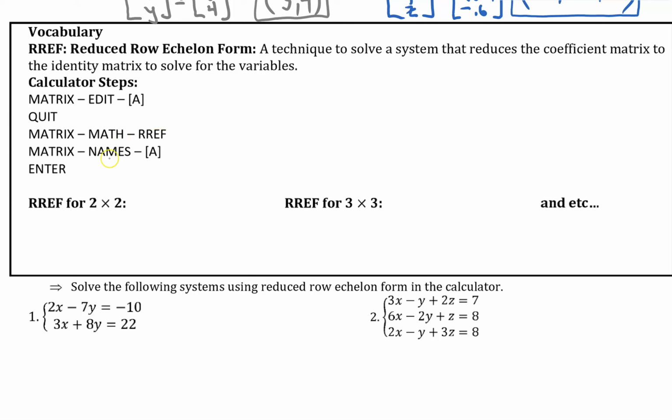Then matrix, names, you're going to choose A, and then enter. So what you'll see in your calculator will be something that looks like this, RREF, and then you'll see open parenthesis, and then when you choose A, it will say that. And then you close it, you hit enter, and it's going to give you an answer.